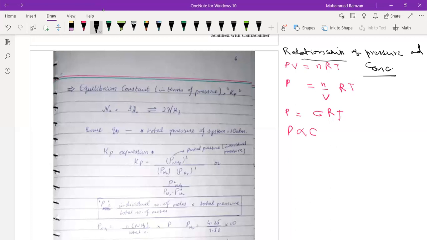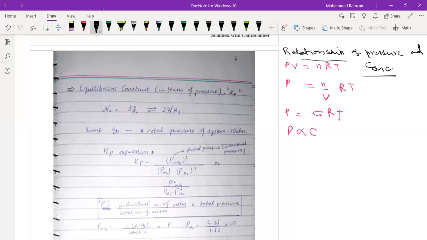Mole per dm cube, number of moles in a given volume. Pressure is force per unit area, and force depends on the number of particles colliding with the wall of the container. If there are more particles in a given volume, there would be more pressure. If the number of particles is less, there will be less pressure. It means pressure and concentration are directly proportional.